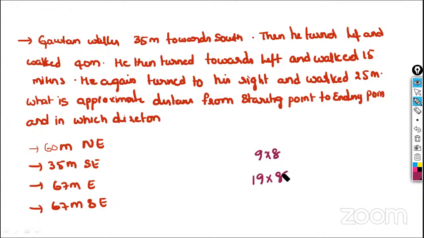Same. 19 8s are? 72, I got the answers very fast, but for 19 8s a little bit of a break will be there. 19 18s are? 342, 342. Right. 362.